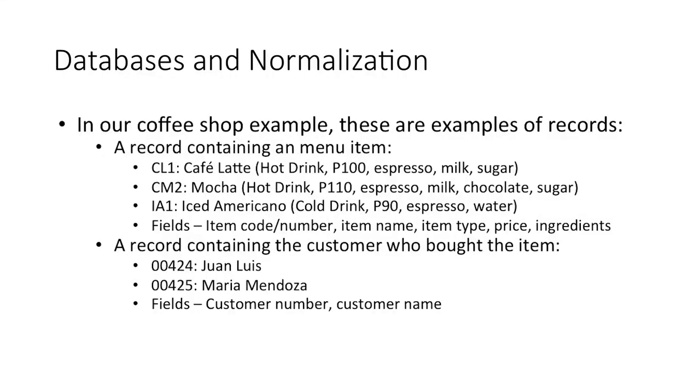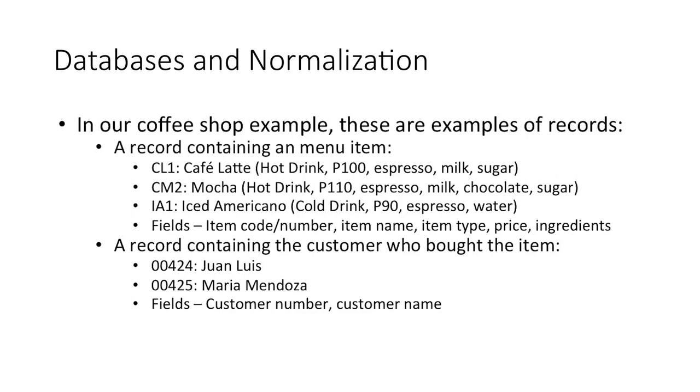How do we now start visualizing what should go into our databases? Our database will be composed of records, which are in turn composed of fields. Records are individual items that go into the database. In our coffee shop example, these are examples of records.